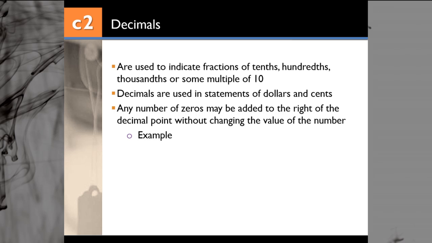Any number of zeros may be added to the right of the decimal point without changing the value of the number. Here is the example. If you see $4, that's the same as $4.00. It's not going to change the value of the number whether you add the 00 to the right of your decimal point.